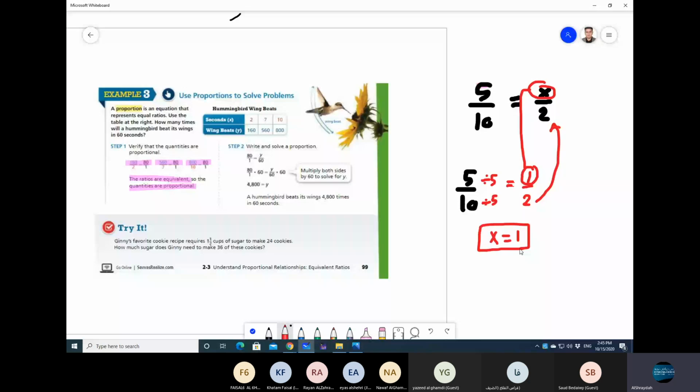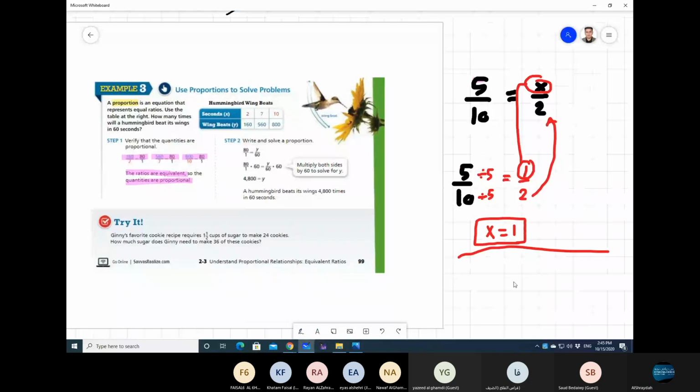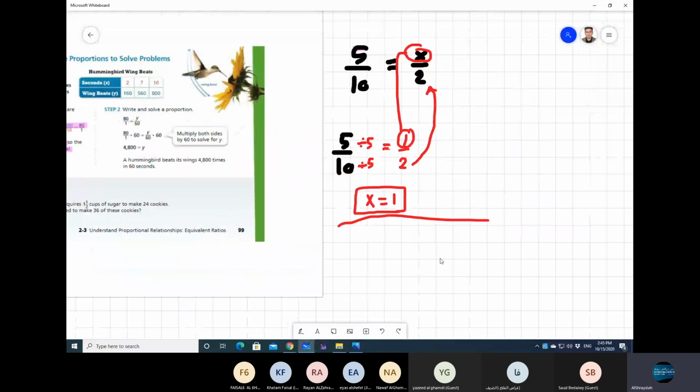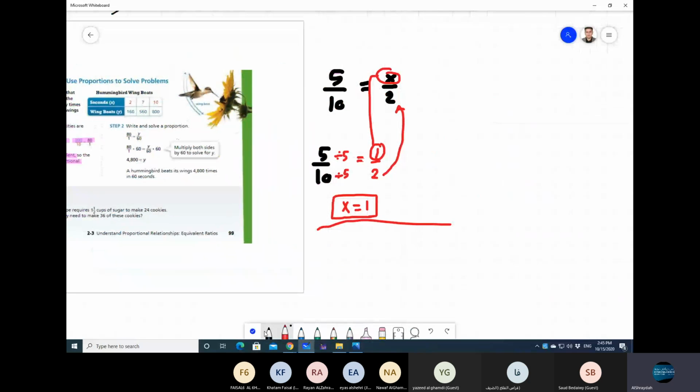We have another way that we can use to find the value of x. Here, if I told you 5 divided by 10 equals x divided by 2, we use something called cross multiplication.